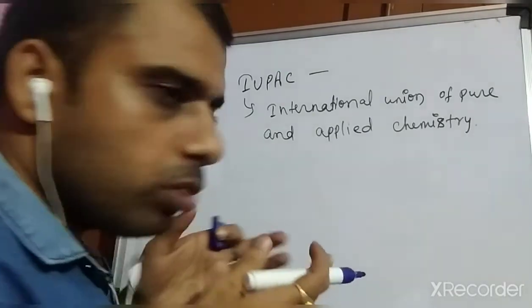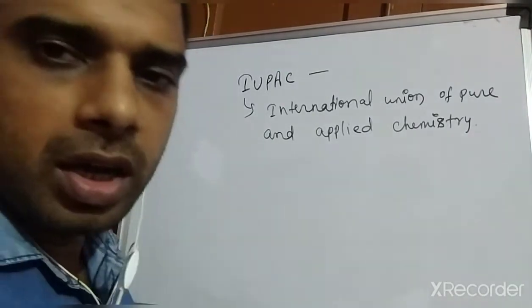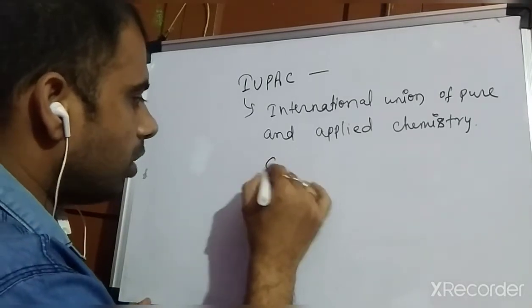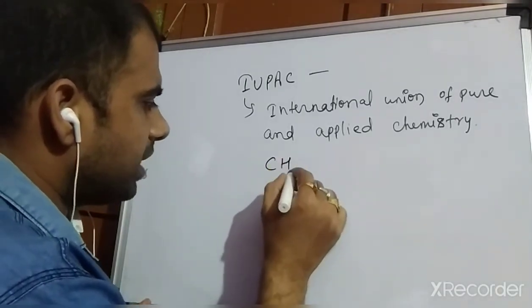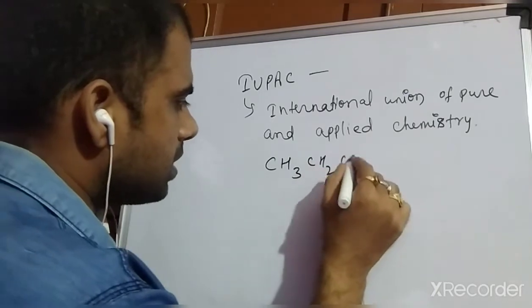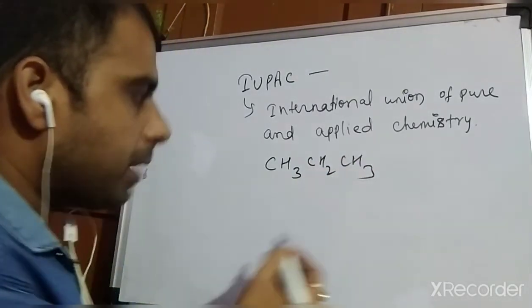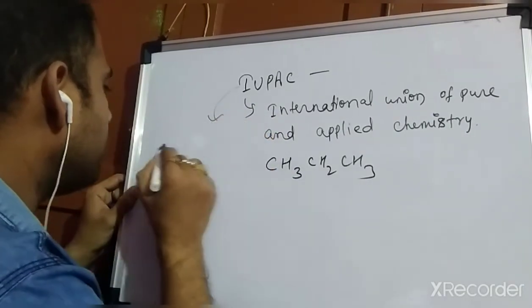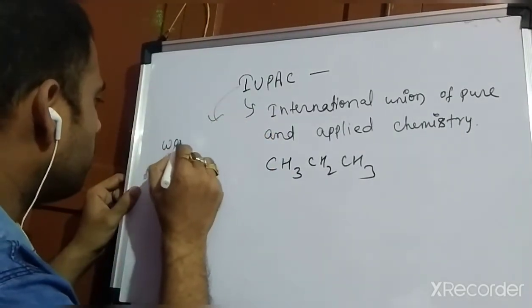Suppose I have to write the name of a long straight chain, and it contains only 3 carbons, CH3, CH2, CH3. But you have to take it in the IUPAC system. There would be something. First of all, word root would be there.